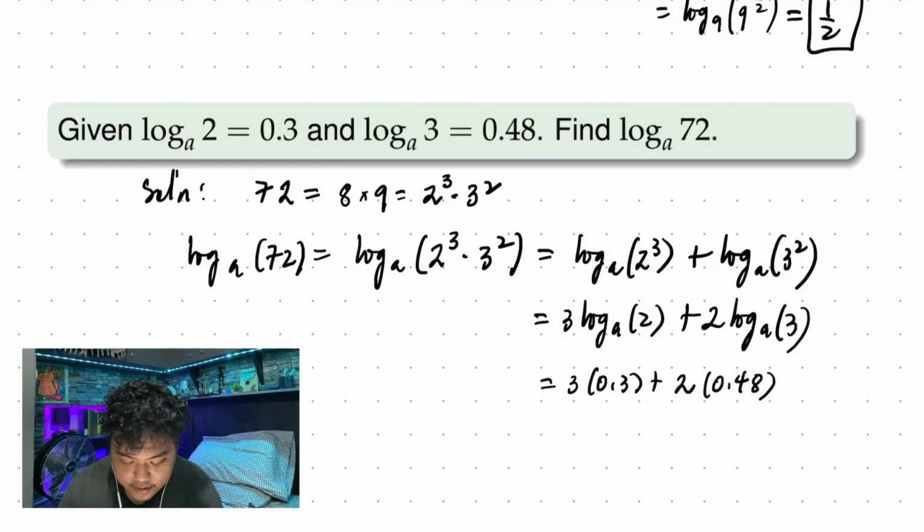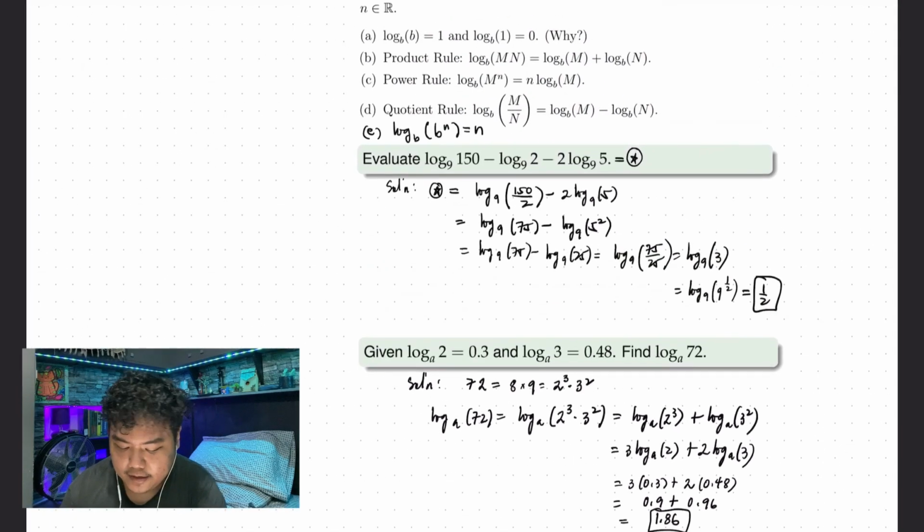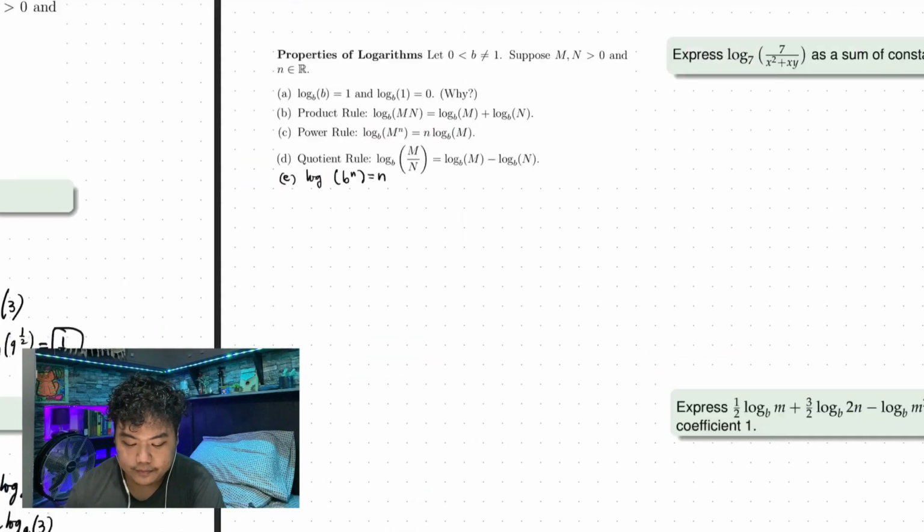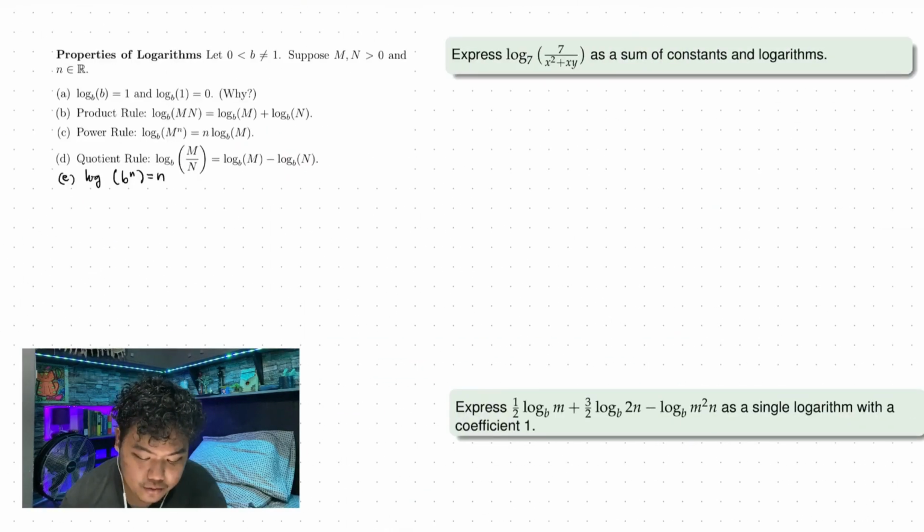Hala, mahina ako sa ano ba to? 0.9 plus 0.96. So, ano sagot dito? 1.86. So, saan tama yung pagkaka-add ko? Charot. Okay? So, punta tayo sa susunod ng mga example.